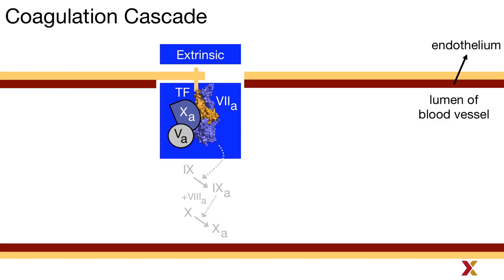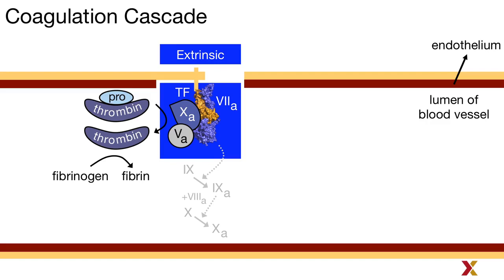Another activated coagulation factor, factor 5A, is recruited by the complex. Together, factor 10A and 5A cleave the inactive prothrombin into thrombin. Thrombin is the active form of the protease capable of converting fibrinogen into fibrin and in activating platelets.